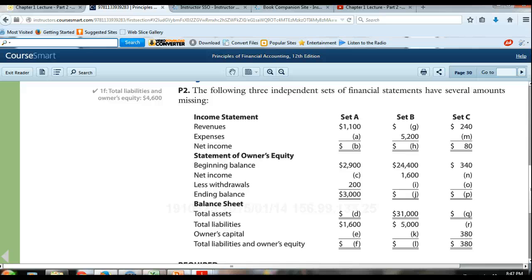Net income is 1,600. Total liabilities are 3,600. So here, liabilities are expenses. So that's all we would put in expenses, so we would put 1,600.